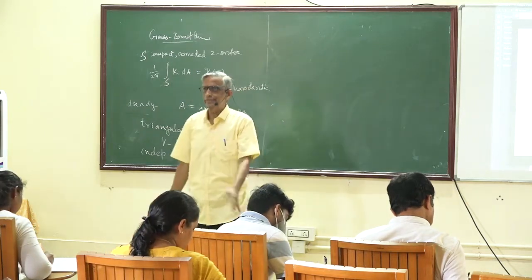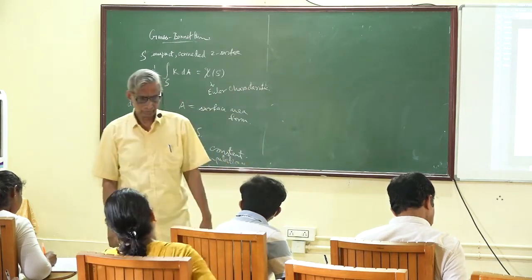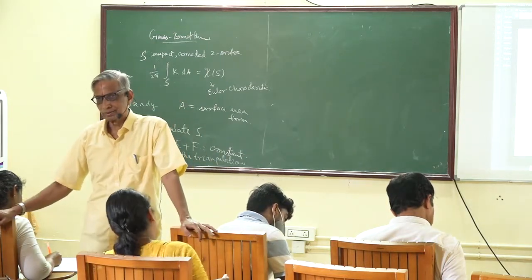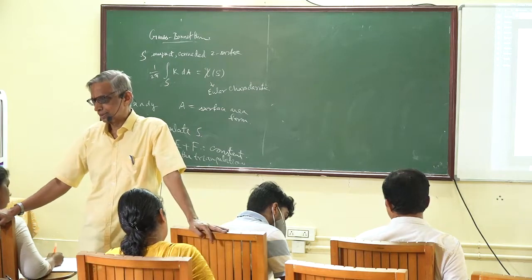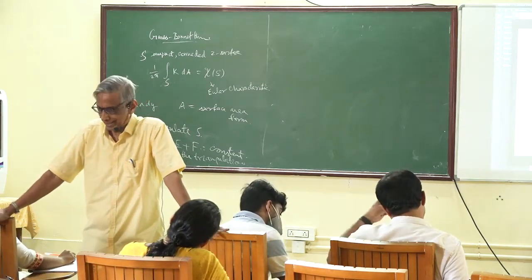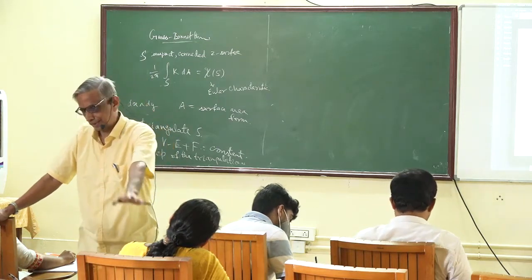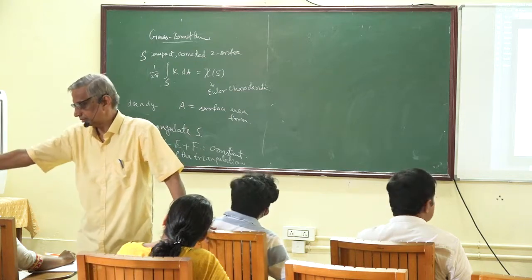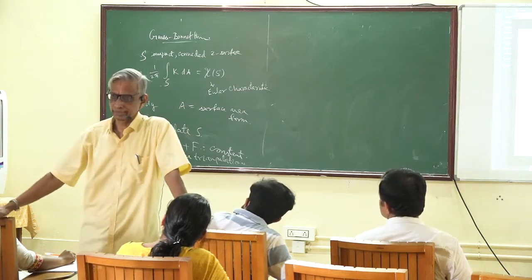K is a geometric invariant. So the Gauss-Bonnet theorem says that the total curvature is equal to the Euler characteristic: a geometric quantity on the left hand side, a topological invariant on the right hand side.